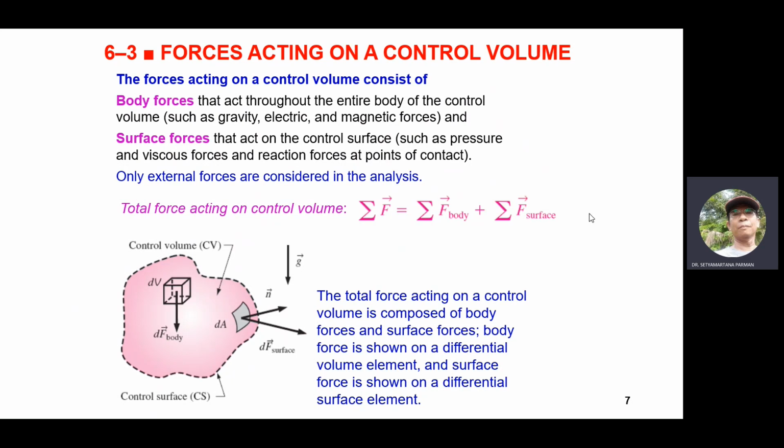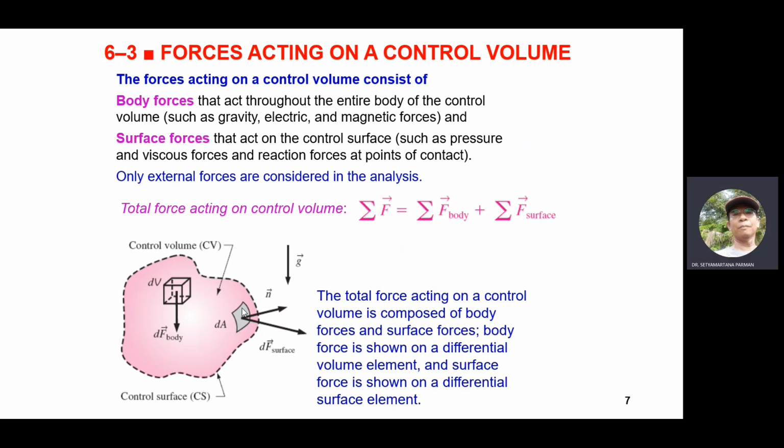Only external forces are considered in the analysis. So the total force acting on the control volume can be expressed as sigma F, that is equal to sigma of the body forces plus the sigma of the surface forces. So in this figure, we can see the description of the control volume, and the control volume has a boundary surface that is called the control surface.